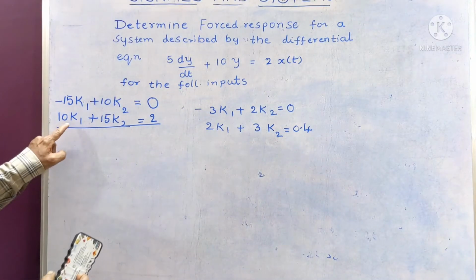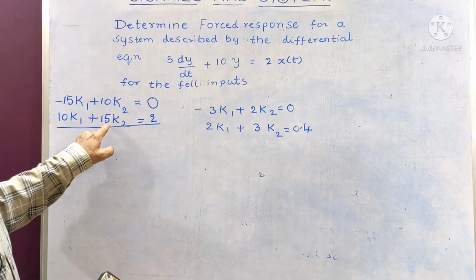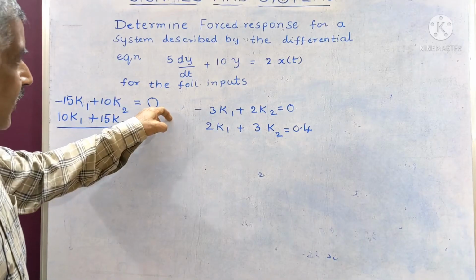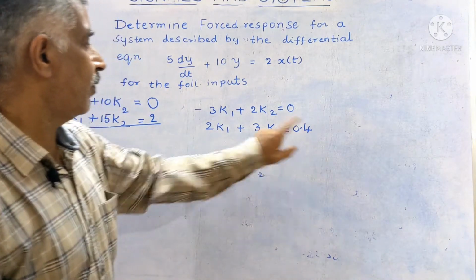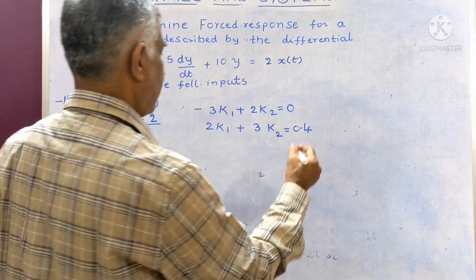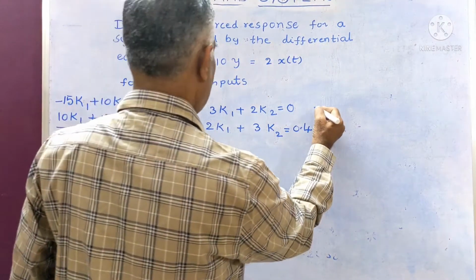See, I have taken out 5 here, giving 2k1 plus 3k2, and that 5 goes to the denominator: 2 by 5 is 0.4.